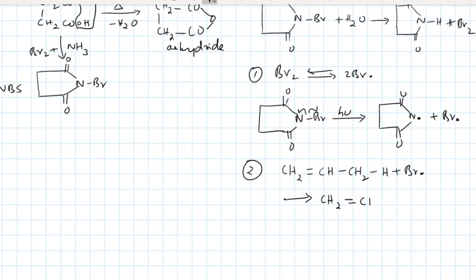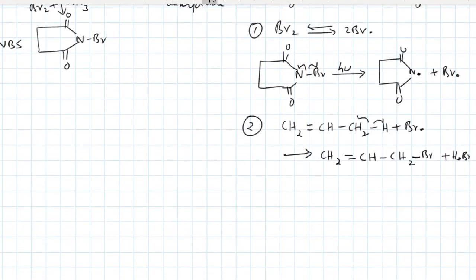So CH2, CH, then CH2. Now this will undergo homolytic fission like this, CH2 dot and Br. CH2Br will be formed, and then HBr will be formed, where H dot and Br dot combine together. This is how the reaction will proceed, that is, it will generate a free radical.